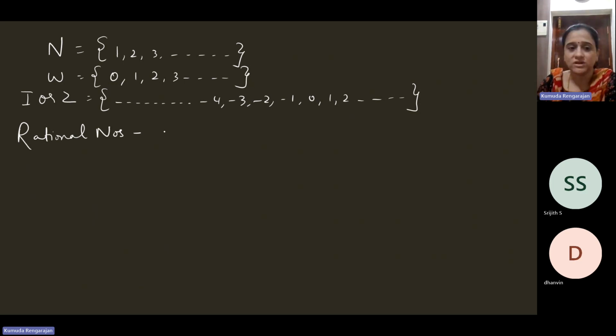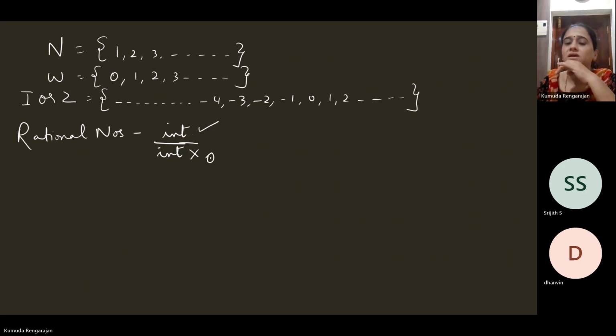Integer by integer is a rational number. The numerator integer can be 0, but the denominator should not be 0. That's the only condition. Put this in your mind: integer divided by integer is a rational number.